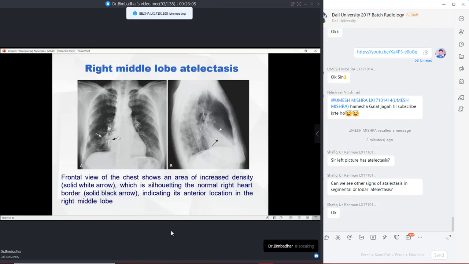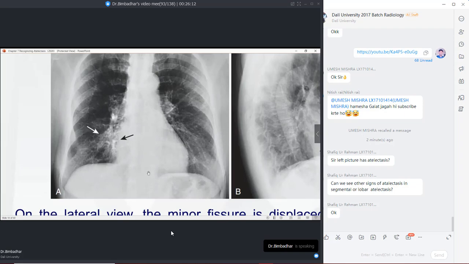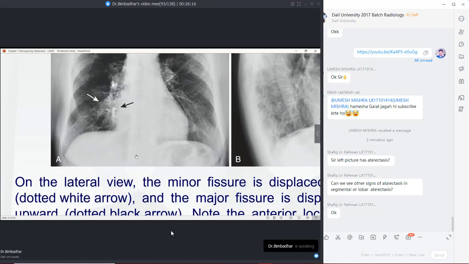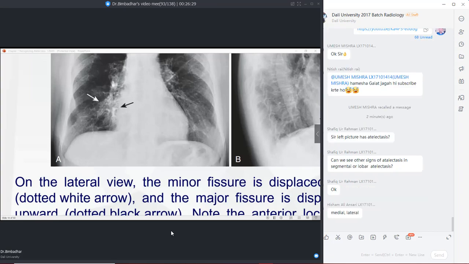First, you have to understand, every time you are looking at the chest X-ray, what are the segments present in the right middle lobe? Medial and lateral segments, right? It's very simple. We applied the knowledge of anatomy here.